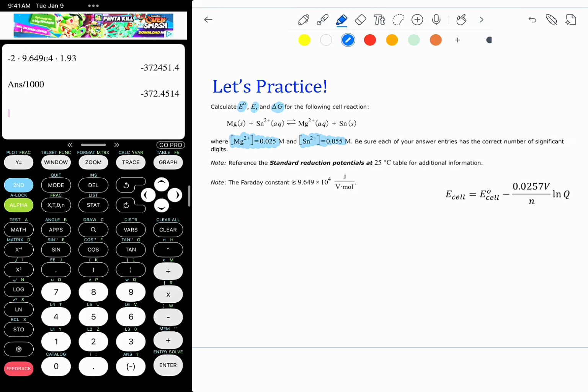Do your proper subtraction of cathode minus anode, and then use that to calculate E cell non-standard and your delta G at non-standard. Let's put that delta G equation back up here so you have it. Delta G non-standard is equal to negative NF E cell. Take a minute, pause your video for as long as you need, and solve all these different parts for this problem.